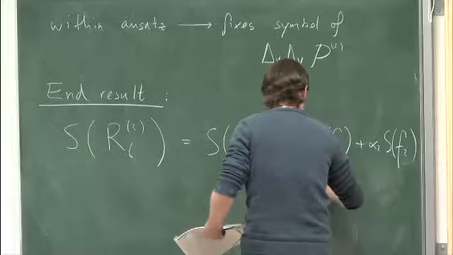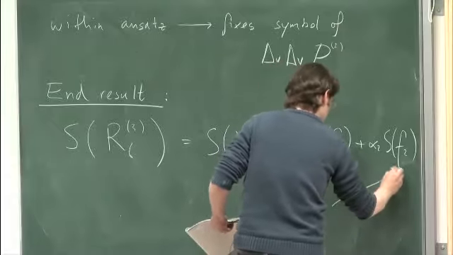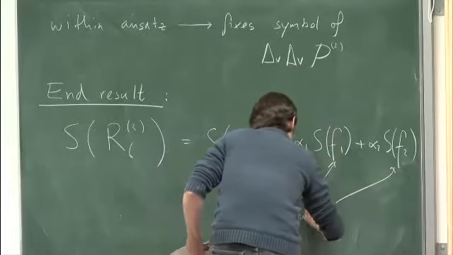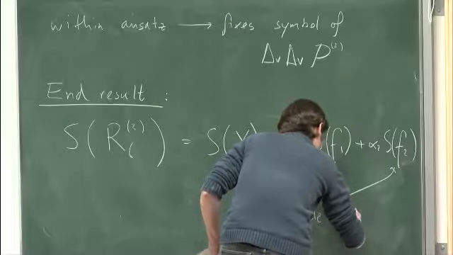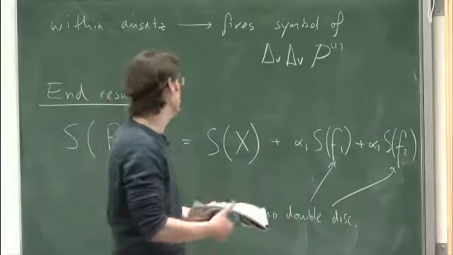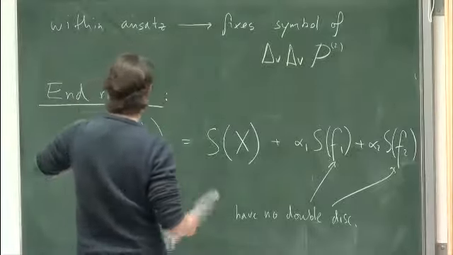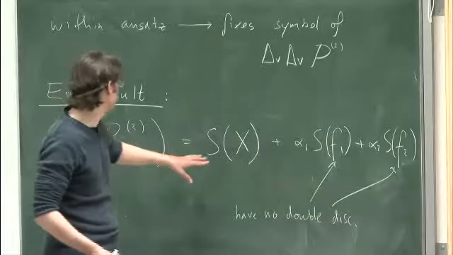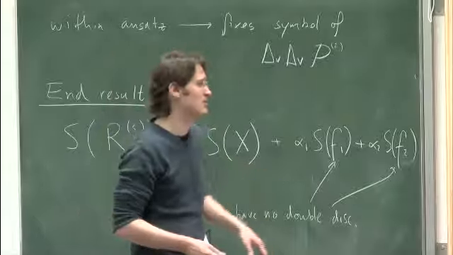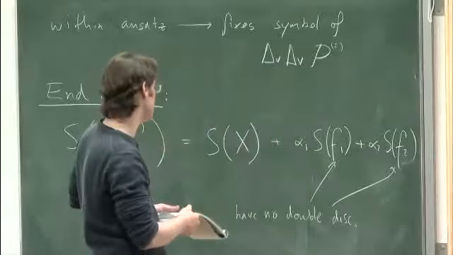And these are two pieces which have no double discontinuity, and so they can't be fixed by this analysis. So that's really quite constraining. Within the ansatz, there's essentially a two-parameter space only of functions which obey all these constraints that we're imposing on them.